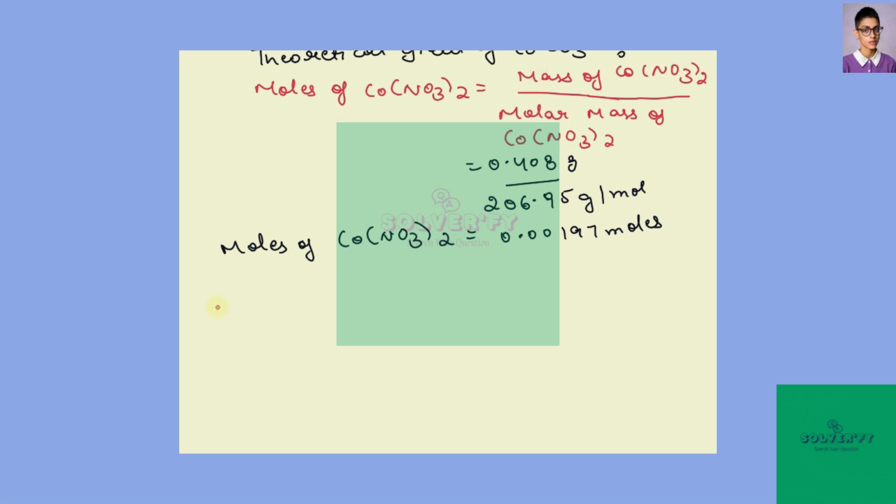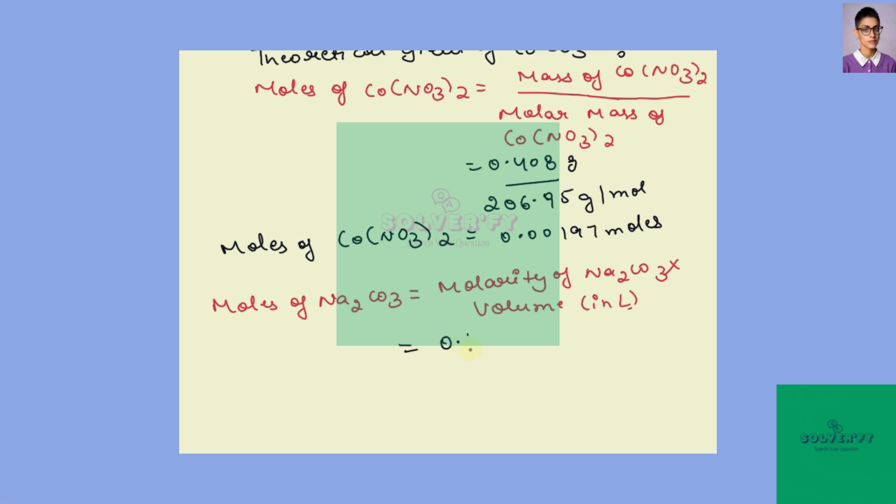Now the molarity and the volume of the Na2CO3 is given. So by using the formula that moles of Na2CO3 is equal to the molarity of Na2CO3 multiplied by the volume in liters. So now substituting the values in this formula, molarity is equal to 0.100 moles per liter multiplied by 9.64 divided by 1000 liter.